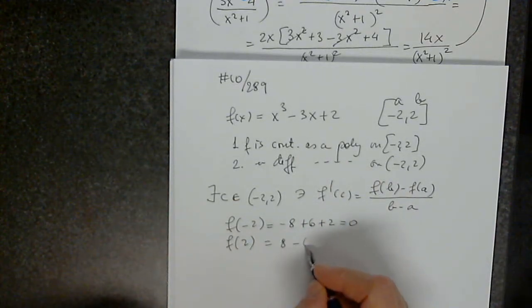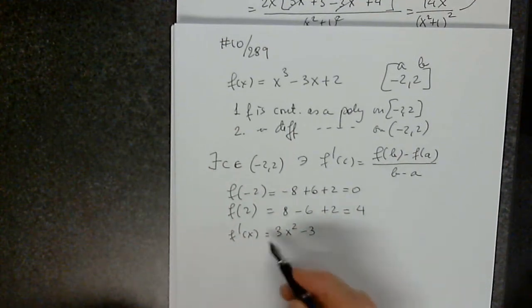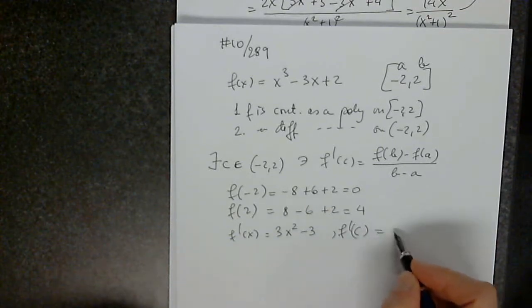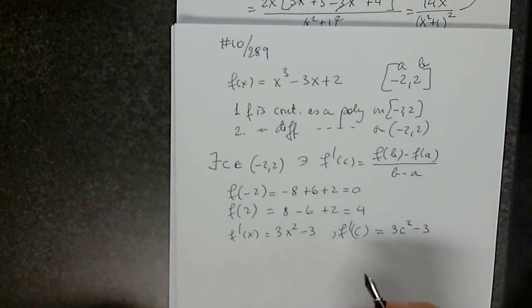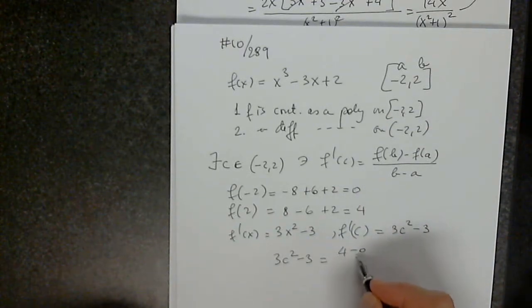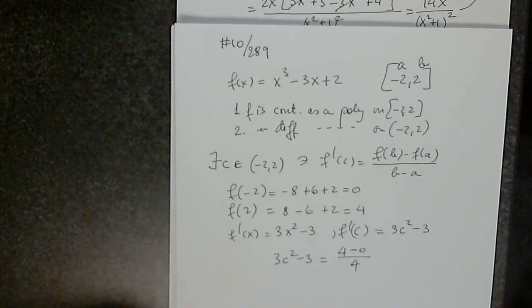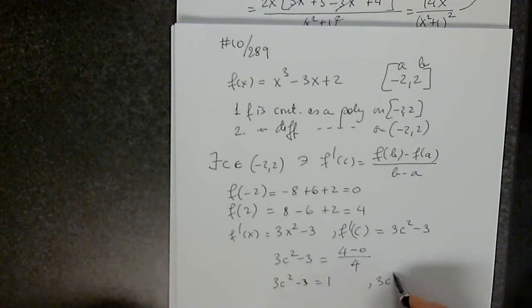And then 8 minus 6 plus 2 will be 4. So f prime of x is 3x squared minus 3. So therefore, f prime of c is 3c squared minus 3. 3c squared minus 3 equals 4 minus 0 divided by 2 minus -2.